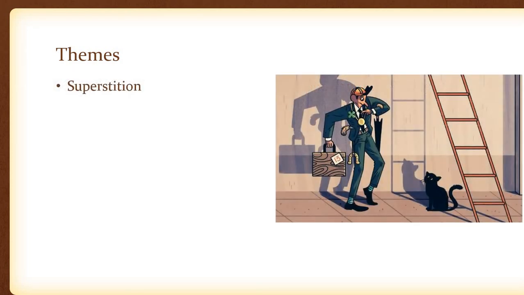There's a fair bit of superstition in this play, especially in Act 1, Scene 1, where you have ghosts, you have roosters crowing at Christmas Eve to prevent ghosts from coming, you have all kinds of superstitious things. This was very common at Shakespeare's time, but it's also common till today, where you see in this image, people are still afraid of black cats crossing the street or walking under ladders.